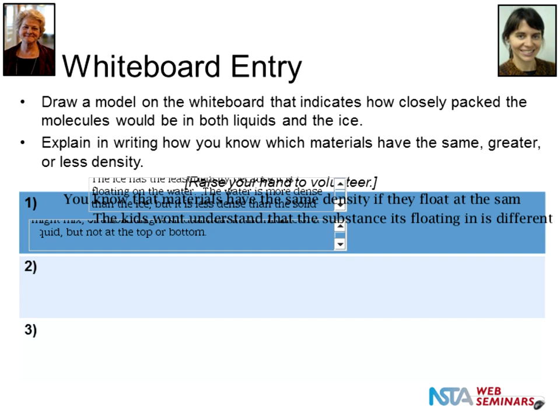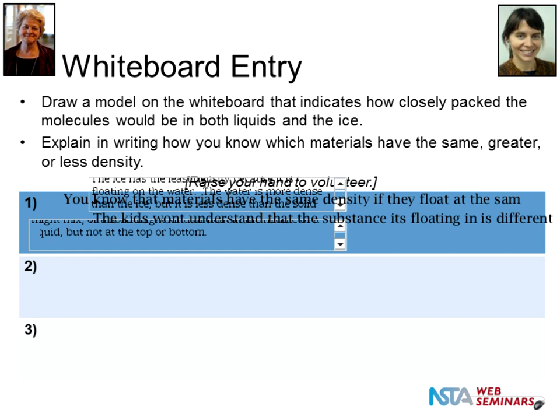What we would want the kids at this point to do is not necessarily know that alcohol is alcohol, just know that that liquid is probably not the same as it was in one, and they can tell that from their early observations because it has an odor, it evaporates on their fingers, etc. But in fact, then she used their observations to say which one would be more dense or less dense based on where the ice cube actually is.